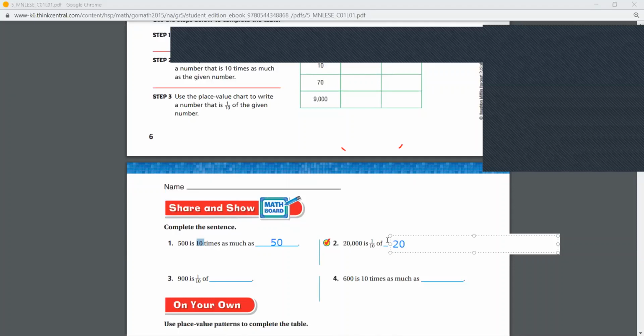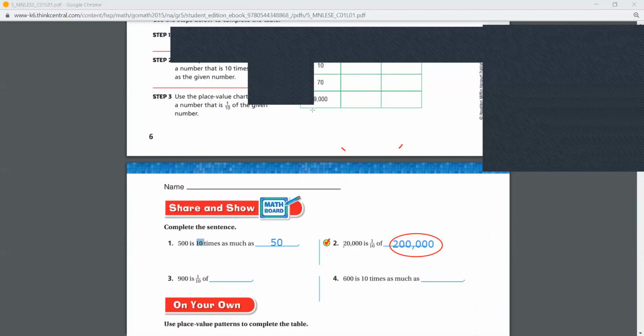Can you hear me now? Yes, now I can hear you. See, imagine this is a question, and I told you 1/10 of this number, what is it? You will definitely remove a zero and tell me the answer is 20,000.